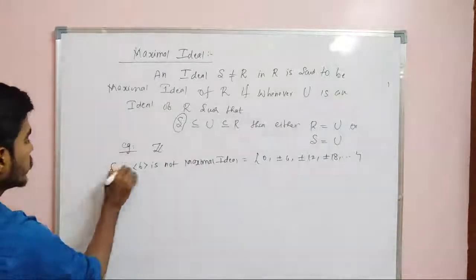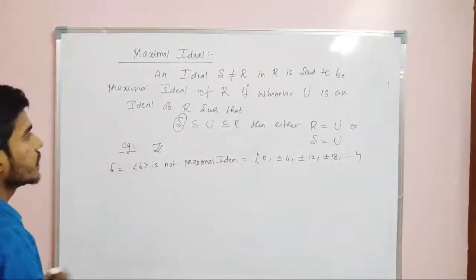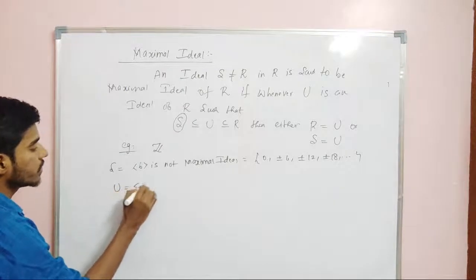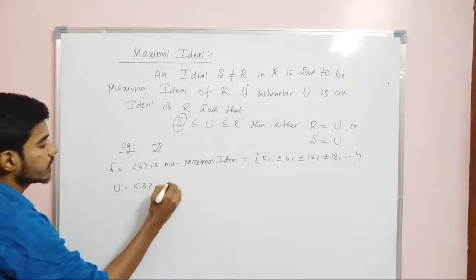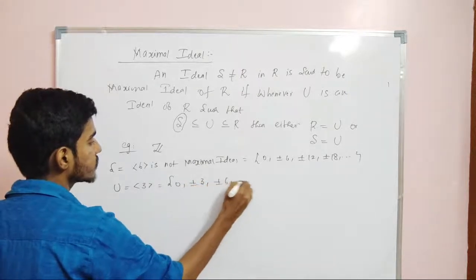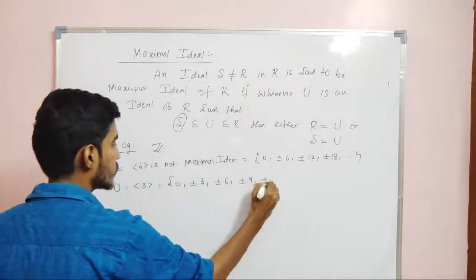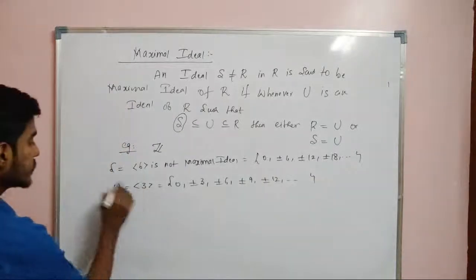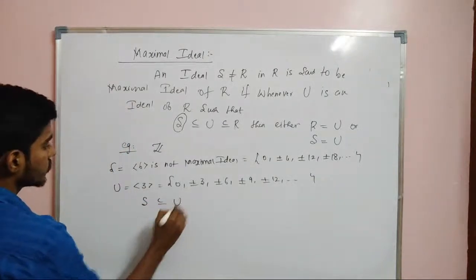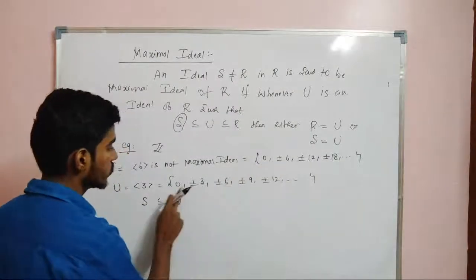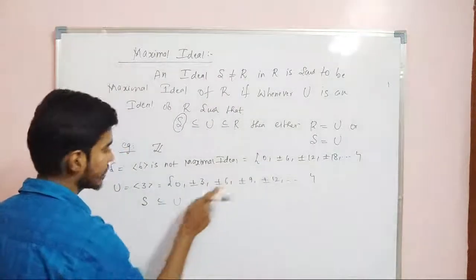Let us take this to be S. It is said to be a maximal ideal if whenever U is an ideal of R, let us take U to be the ideal generated by 3. This set contains 0, plus or minus 3, plus or minus 6, plus or minus 9, plus or minus 12, and so on. Now you can see this S is contained in U. You can see 0, 0, 6, 6, minus 6, minus 6.